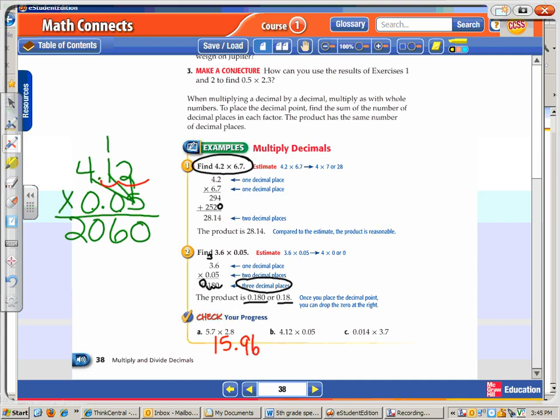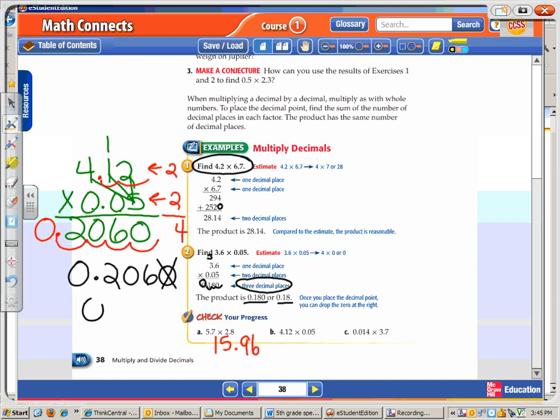We have 2 in the top number, and we have 2 below. So we should have 4 decimal places in our product. So 1, 2, 3, 4. And we're going to put a 0 in the ones place to hold that place value. Looking at our final product, we can say we have 2,060 10,000ths, or we know that we can take that 0 off because it means the same as 206 thousandths.